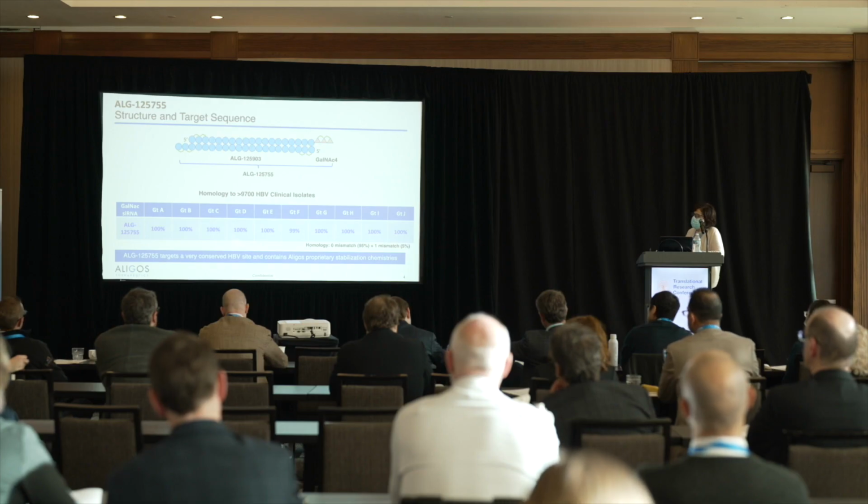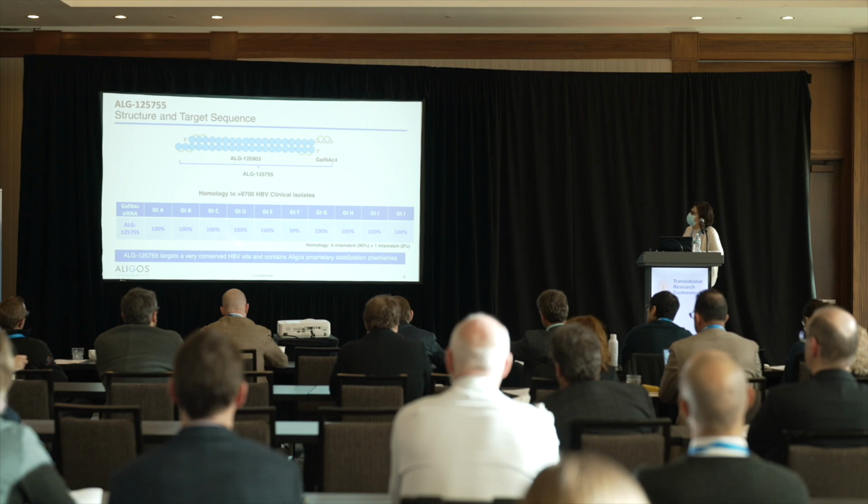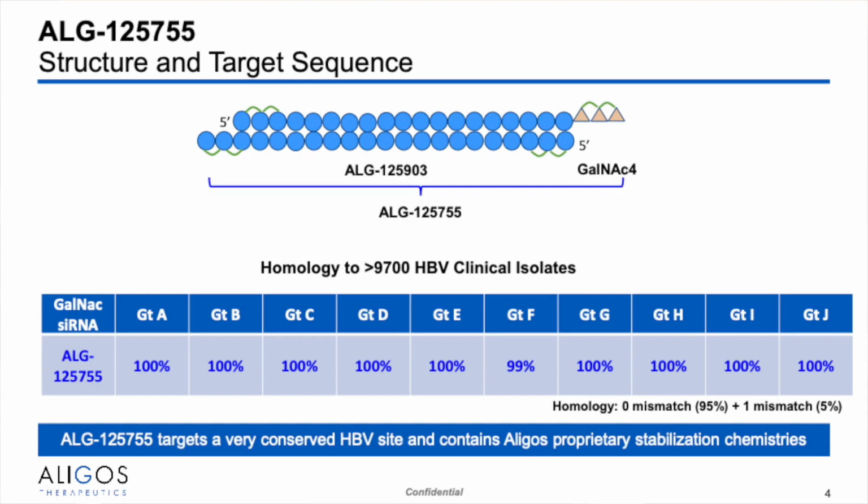So I'll talk first about our siRNAs. We have ALG-755. It has a GalNAc on one end of the siRNA, and this allows the active uptake of the siRNA into the cell through the ASGP receptors that are on hepatocytes.